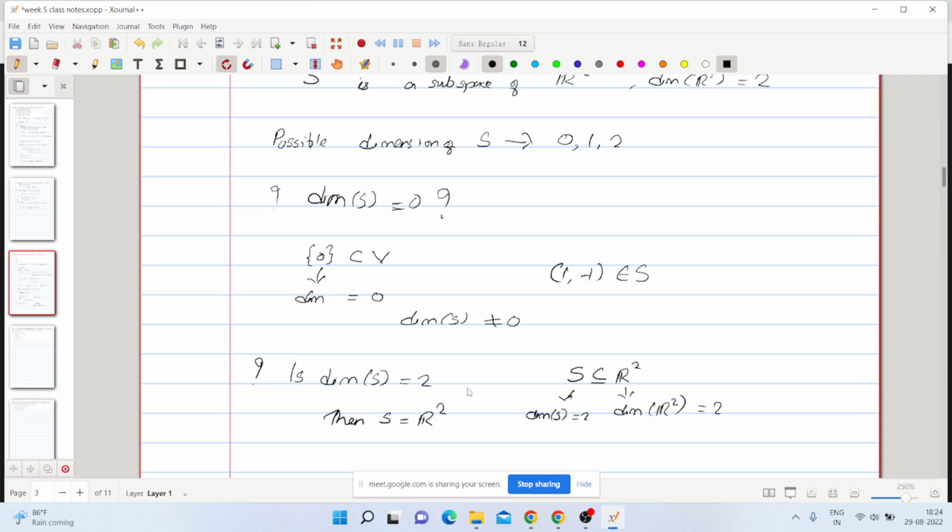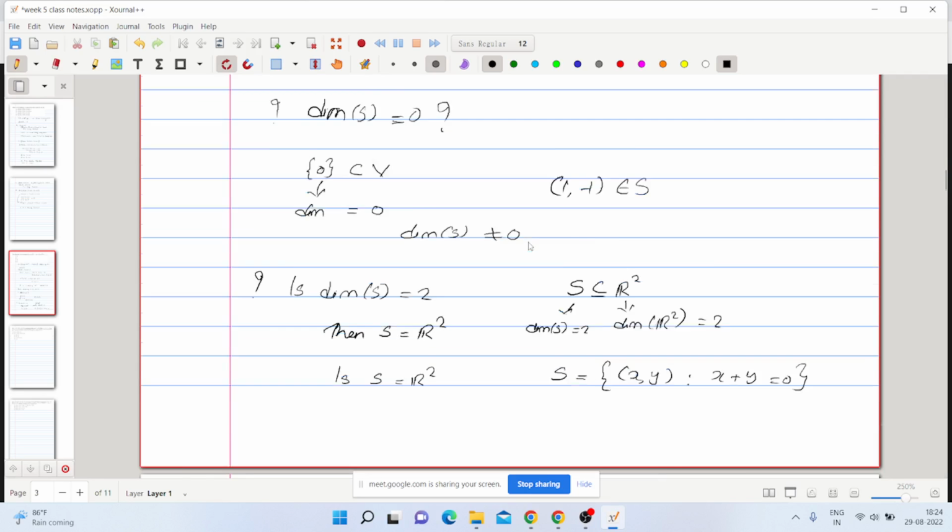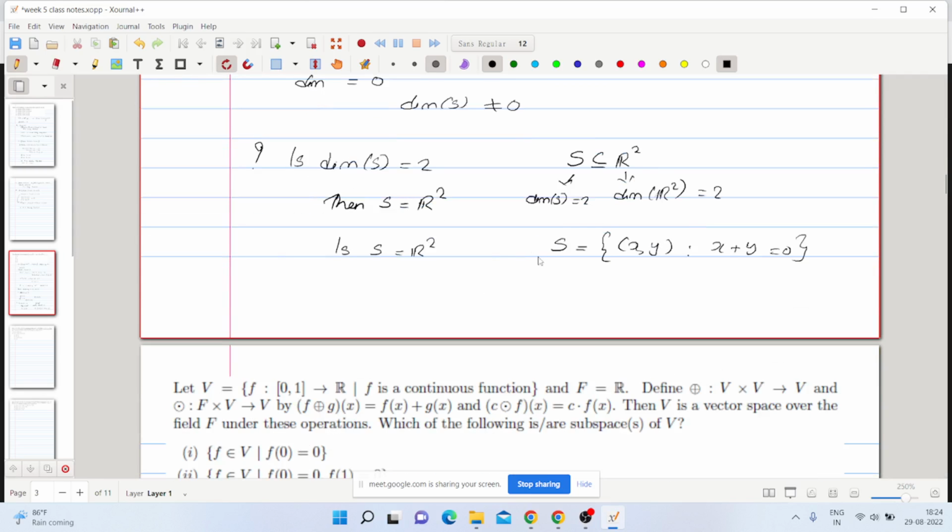In our case, is S equal to R2 here? Our S is the set of all (x, y) such that x plus y equal to 0. R2 means the set of all elements (x, y), and S is the set of all (x, y) with x plus y equal to 0.